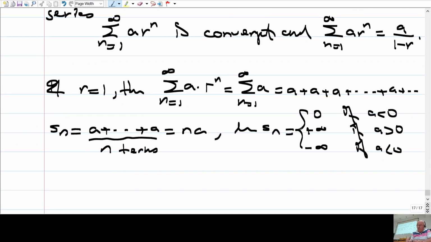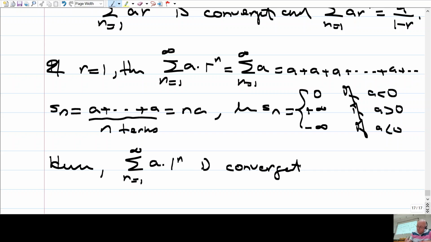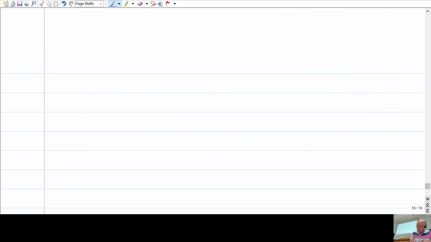So it is convergent only if a is 0. And in that case, the limit is of course 0.